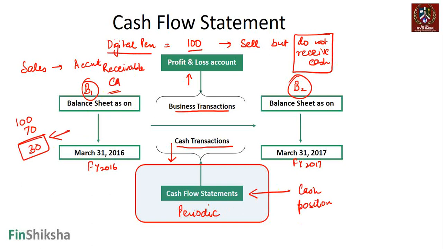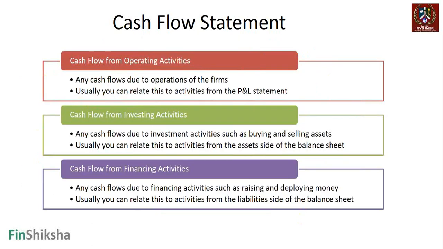More on cash flow statements as we go along, but if we now go back and recall our discussion on the three kinds of activities that come up, we also typically divide the cash flow into those three kinds of activities. Remember the three activities? We have operating activities, we have investing activities, and we have financing activities.